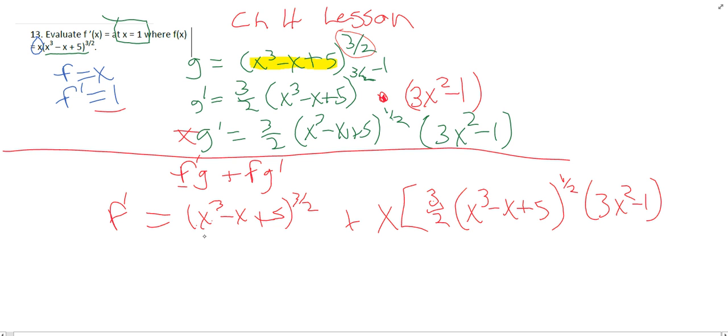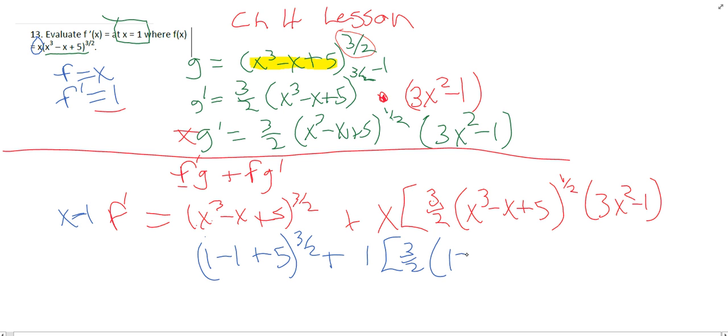So evaluating it at x equals 1, just plugging in a 1 to this newly formed derivative, we have 1 cubed minus 1 plus 5 to the 3/2 power plus 1 times 3/2, still the same quantity, 1 minus 1 plus 5 to the 1/2 power. And then we have 3 times 1 squared, so 3 minus 1, which is 2.